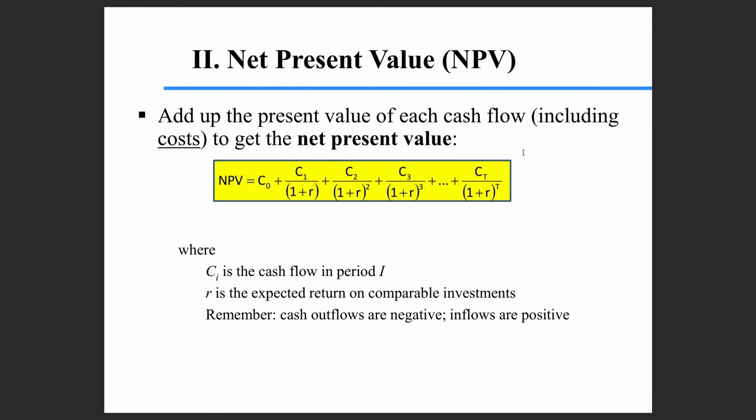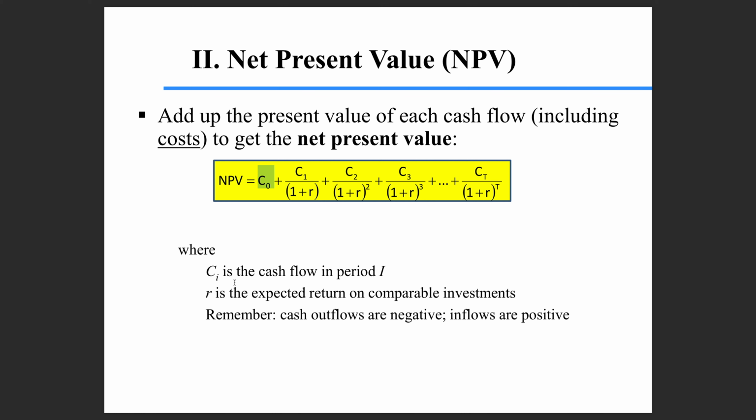Net present value is the present value of firm's cash flow net of the costs. This is the typical equation to calculate net present value, and usually the costs happen at time zero, but not always the case. In this formula, C with the index i stands for the cash flow in period i.